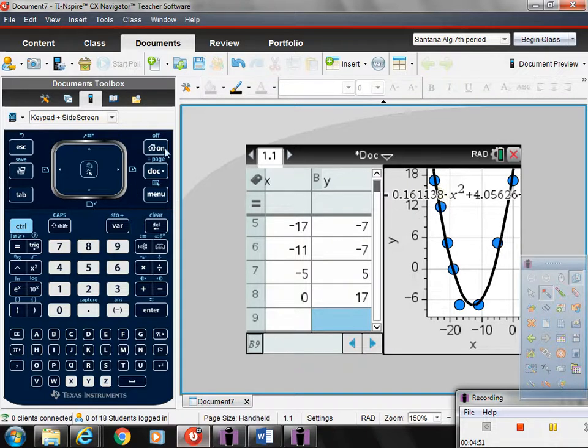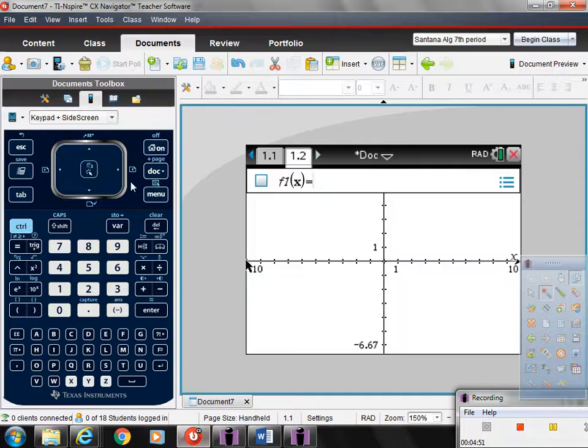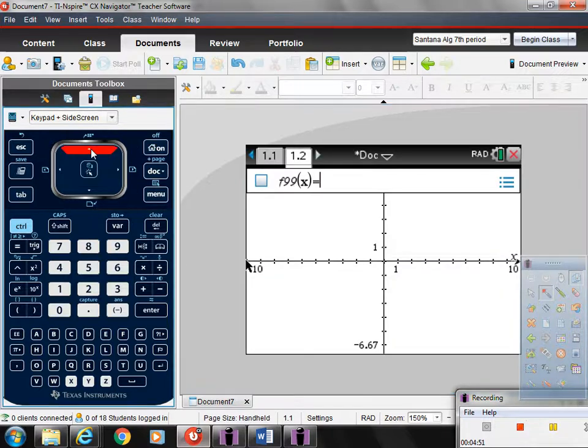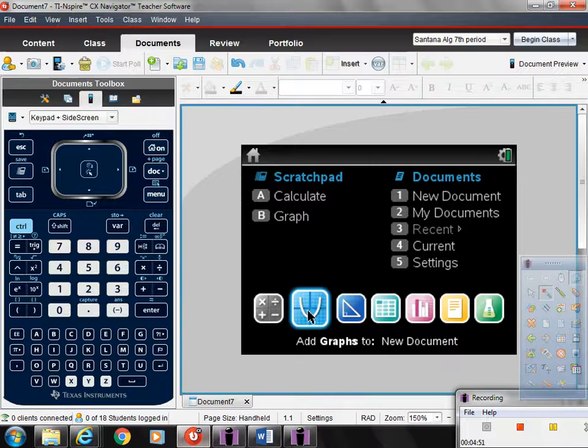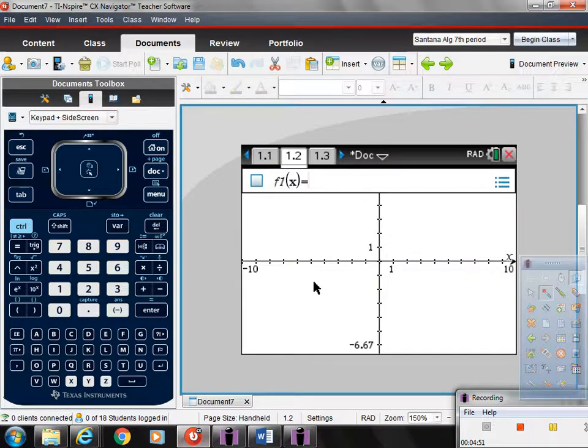At this point, I would go to the graph app and hit the up arrow and hopefully find, maybe I need to hit the down arrow. No. Well, let me see. Why is this not giving me that equation?